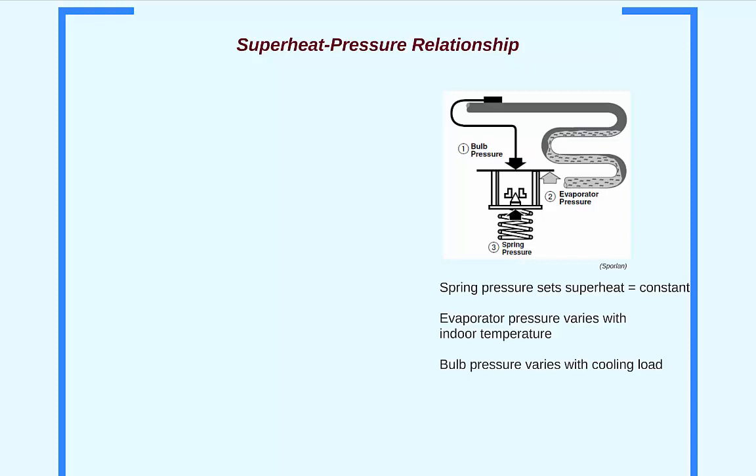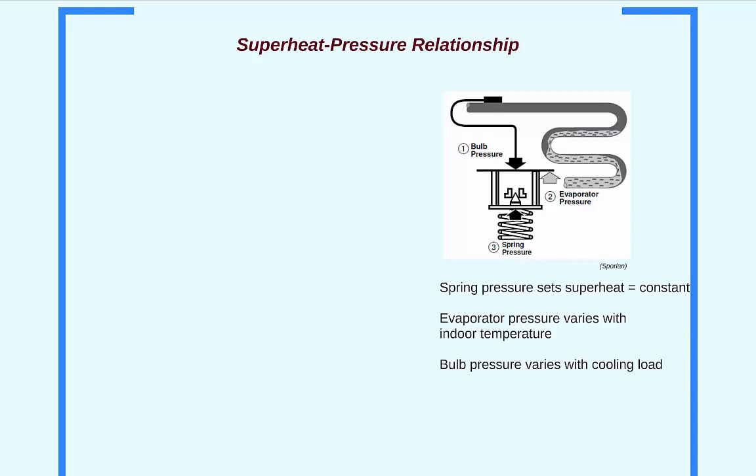The bulb pressure will also change as the cooling load varies. Remember that while we are operating inside the liquid vapor region on the pressure enthalpy diagram, the conversion between liquid and vapor occurs at a constant saturation temperature. Because of this, we can correlate the evaporator's operating pressure and temperature.